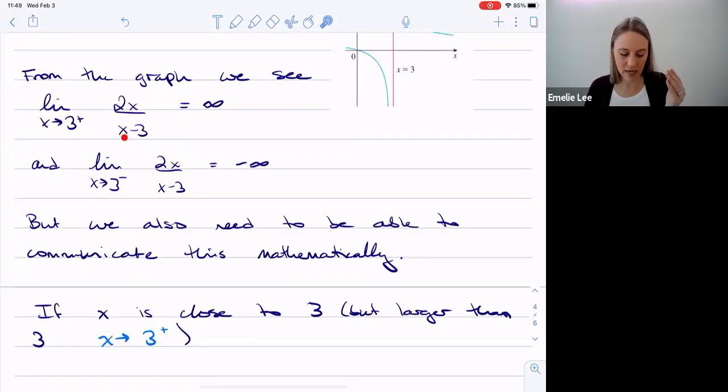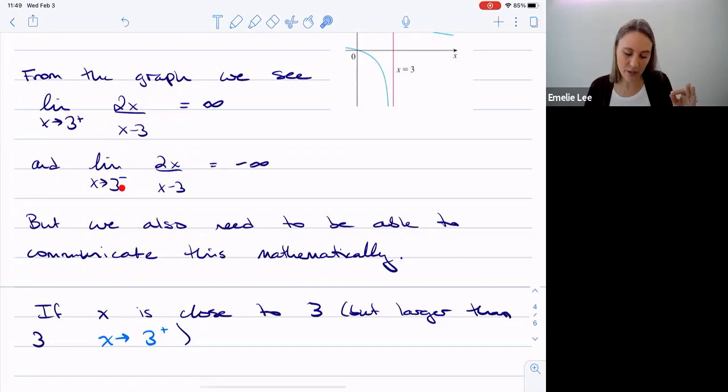And x minus 3, if x is slightly larger than 3, will also be positive. It's going to be really, really small. So we have a value divided by a really, really small value, and so that's why it's blowing up towards positive infinity.